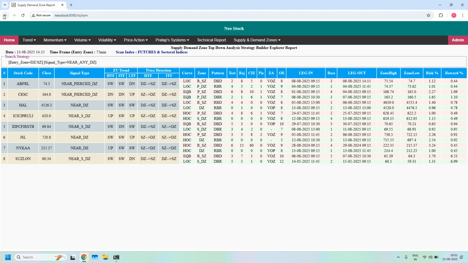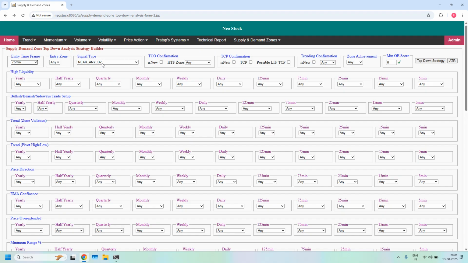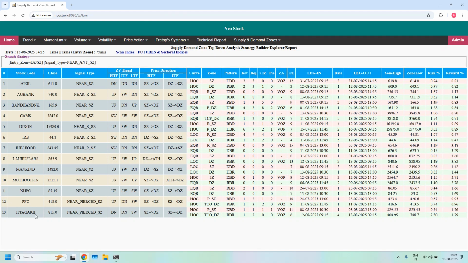Next, for 75 minutes time frame, stocks near to the 75 minutes supply zone, we got 13 stocks. Let us identify 75 minutes high liquidity supply zones from this list. The first one is AU Bank. Next, Dixon is having a 75 minutes high liquidity supply zone.